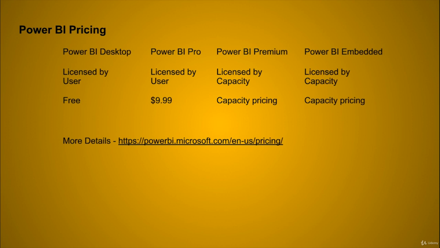There are two different plans, Power BI Premium and Power BI Embedded, which are licensed by capacity. Big organizations with a large number of users can use Power BI Premium and Power BI Embedded as per their need. You can find more details of Power BI pricing in this particular link.